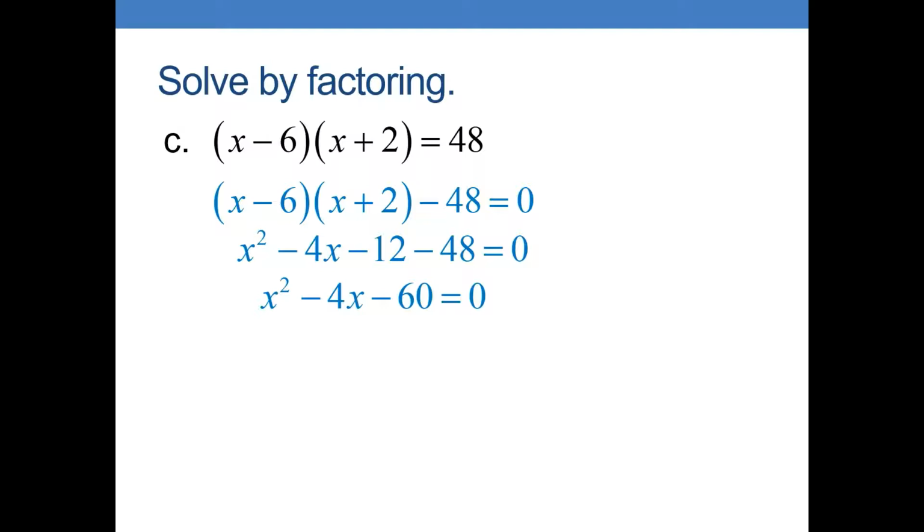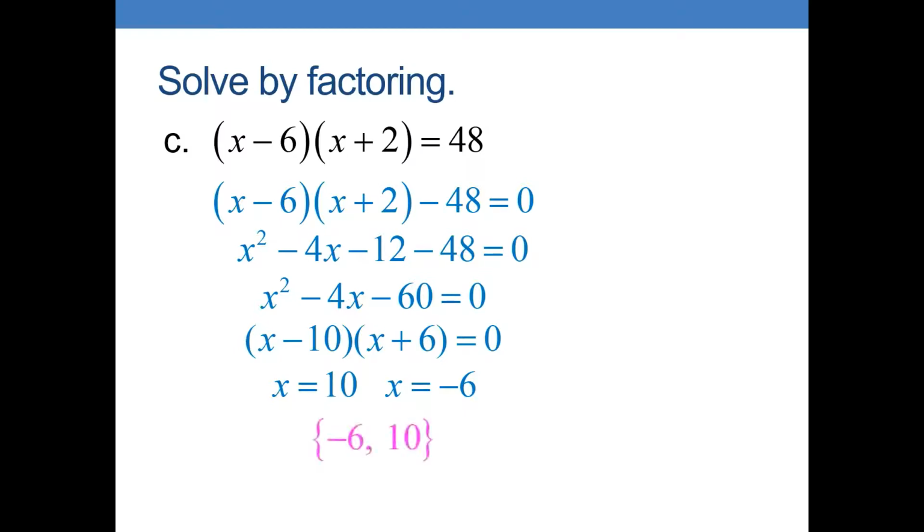And now we have a trinomial that can be factored. The factors are equal to 0, and we get two solutions. It's fine with me if you do that mental math where you set each factor equal to 0 mentally and solve. Here's set notation.